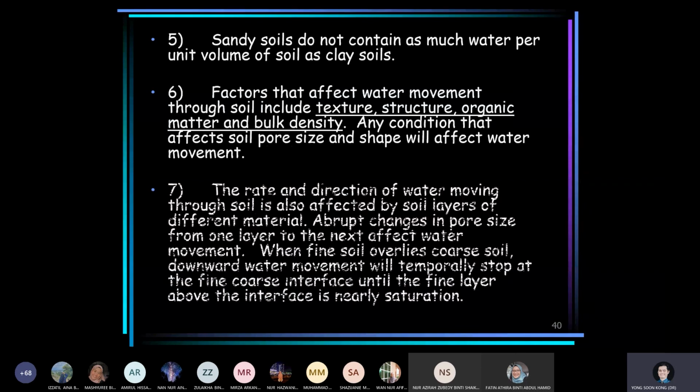Okay, now next 3 points: sandy soil, texture. I will skip the sandy soil part because I've already explained that. Now, number 6, factors that affect water movement through soil include texture, structure, organic matter, and bulk density. Again, already explained, so I'll skip. Number 7, the rate and direction of water moving through soil is also affected by soil layers of different materials.